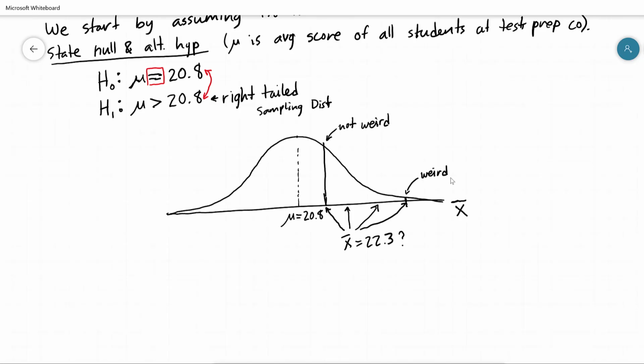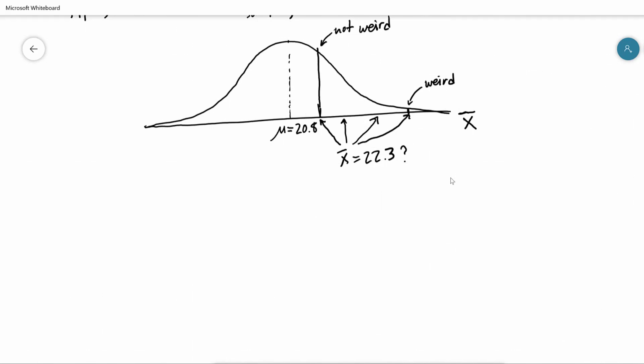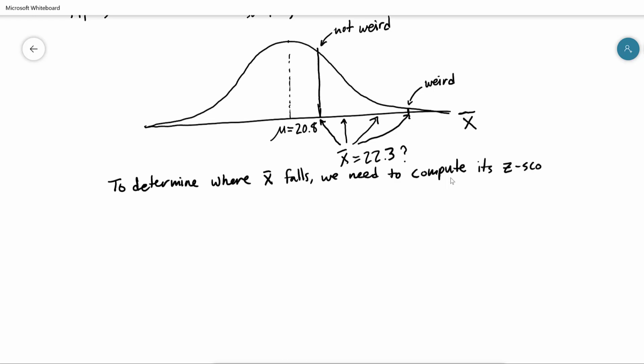And to do that, we need to compute what's called the test statistic. So to determine where x bar winds up, we need to compute its z-score, which is called the test statistic.